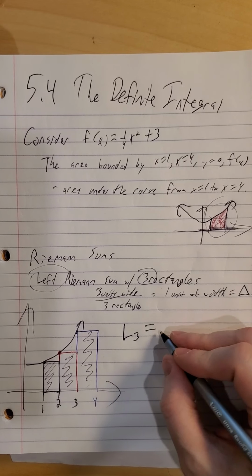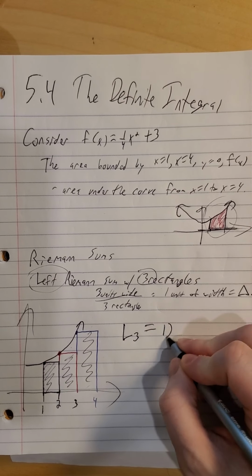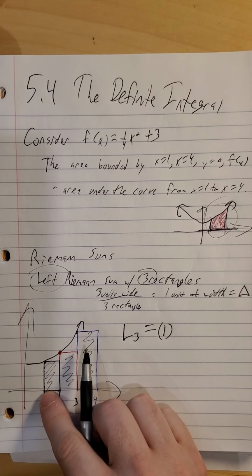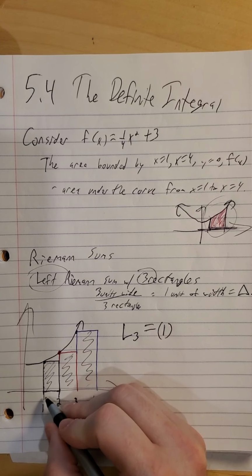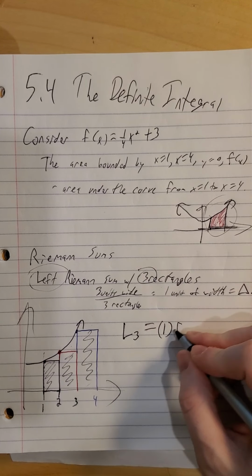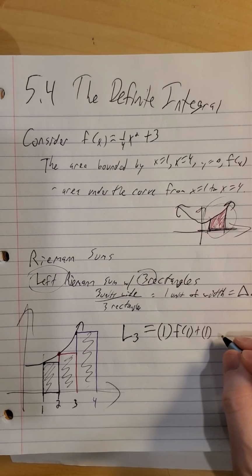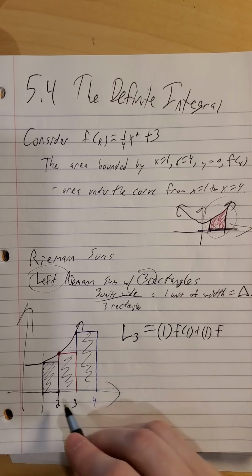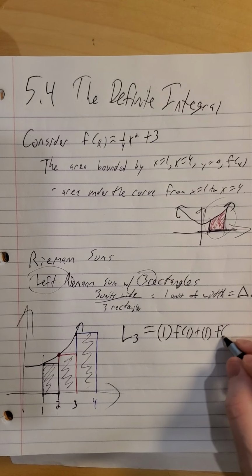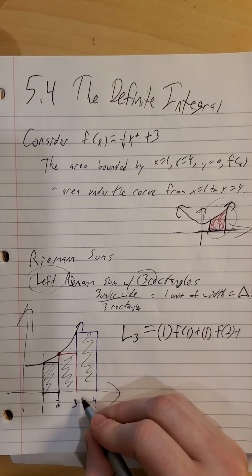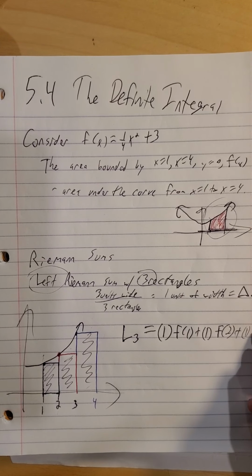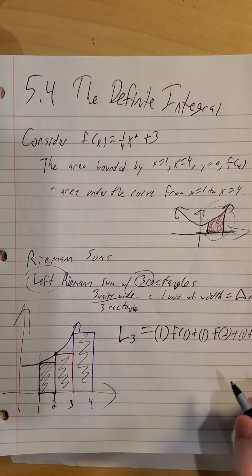So L sub 3, first rectangle has a width of 1 and a height of f of 1. Second rectangle has a width of 1 and a height of f of 2. Last rectangle has a width of 1 and a height of f of 3.